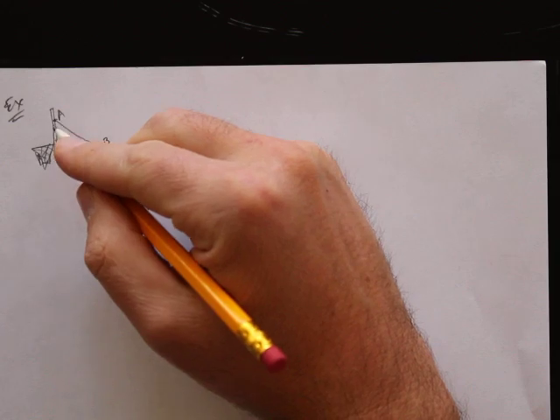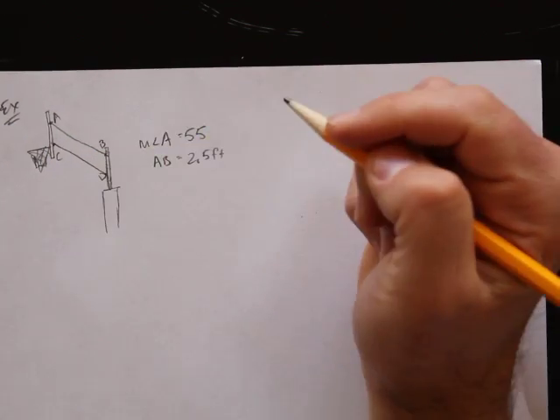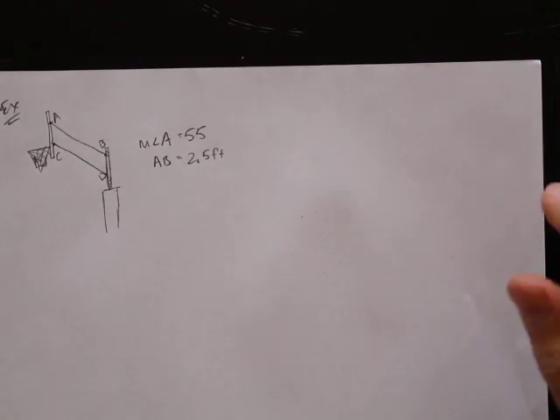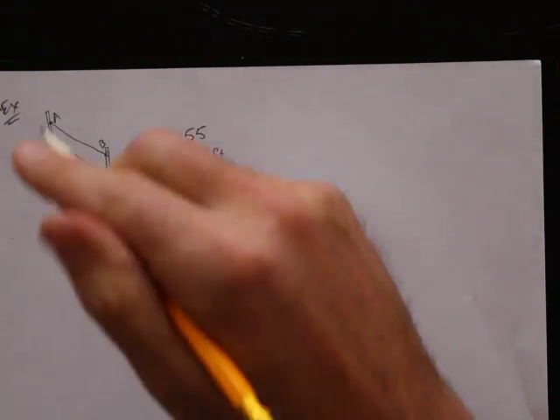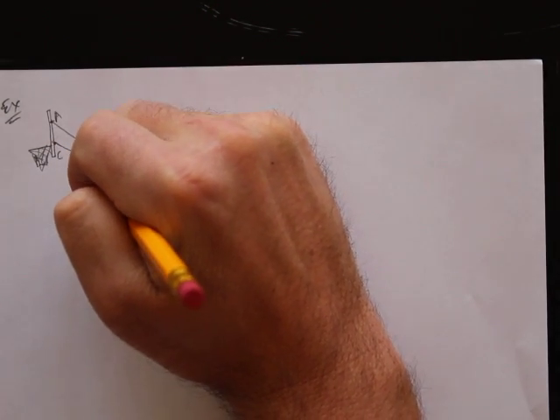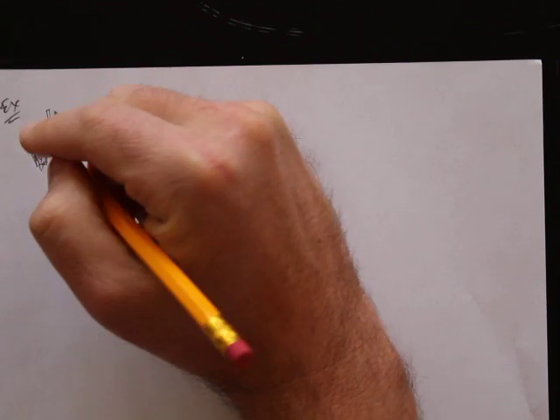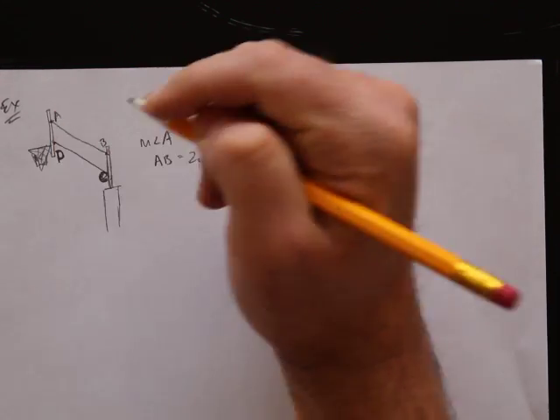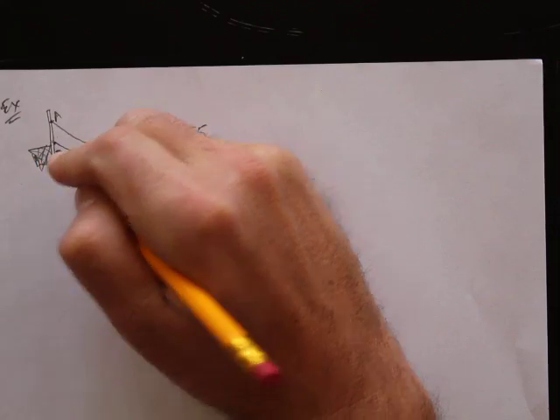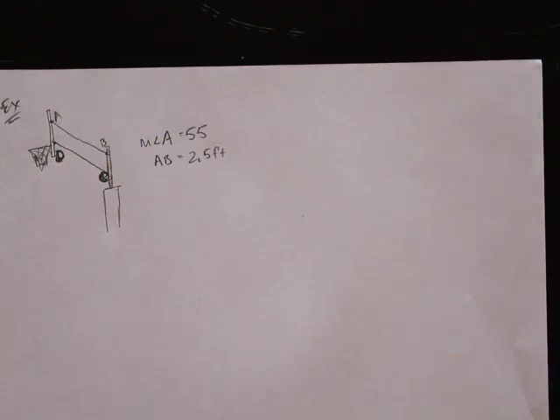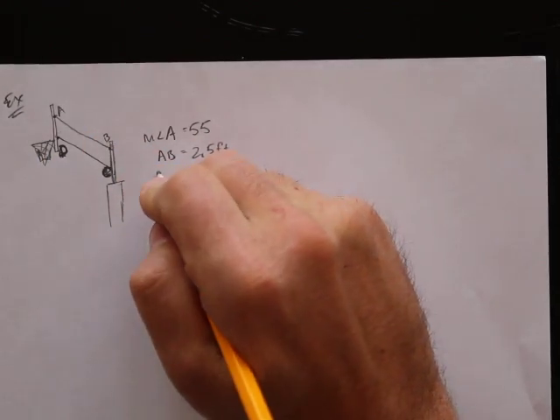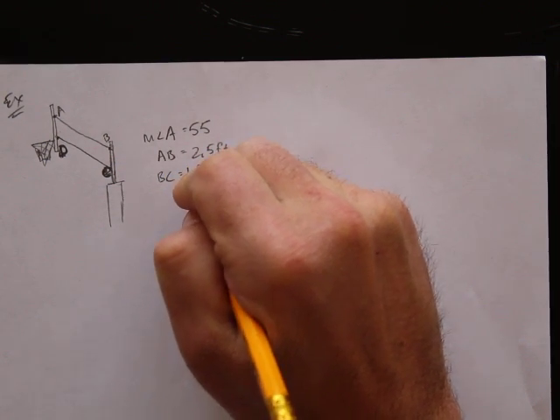And the distance between B and C, I mislabeled these, sorry. This one should be C here. This angle should be C and this one should be D. Fix that. Okay. Great. Now BC is 1 foot.